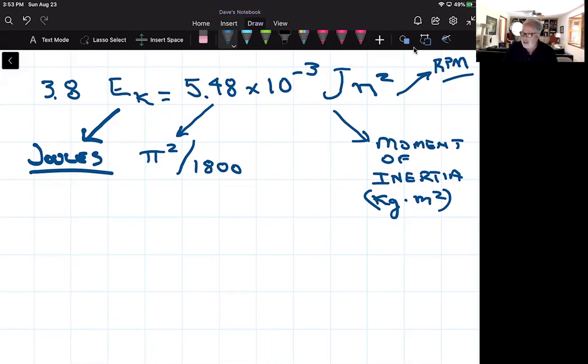This is a constant, and he mentions in the description of the equation that it is a constant to take care of units.